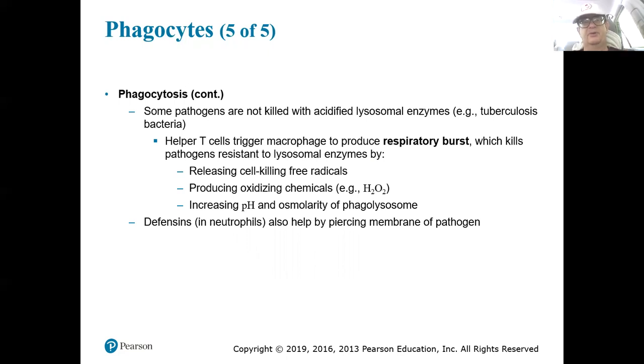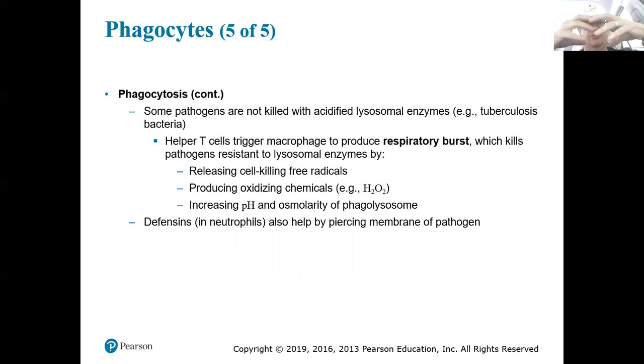It can release chemicals that oxidize. Hydrogen peroxide is another example. Hydrogen peroxide is H2O2. You can see that there. Well, it's super unstable. It will break down almost instantly into H2O and a free oxygen. And that free oxygen is the free radical that is super reactive.